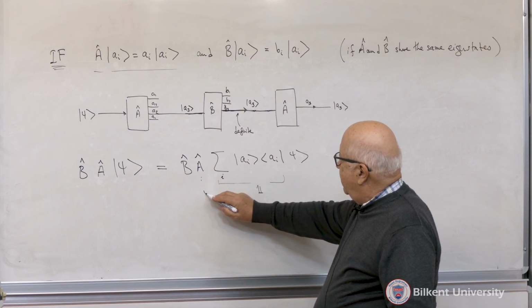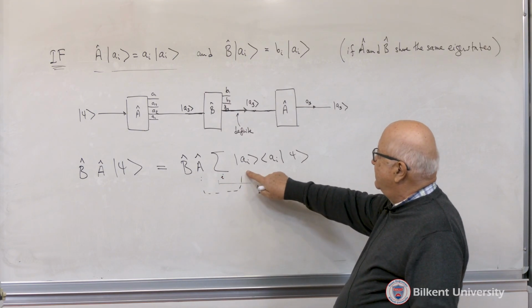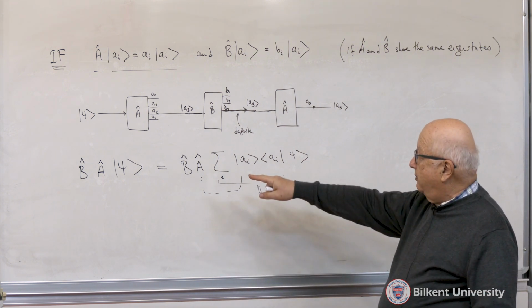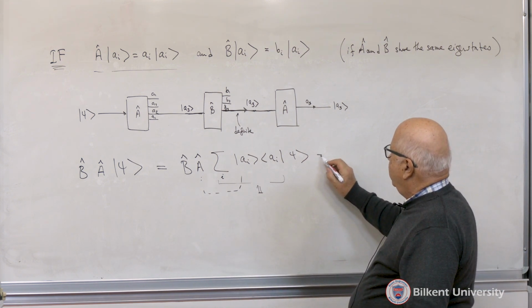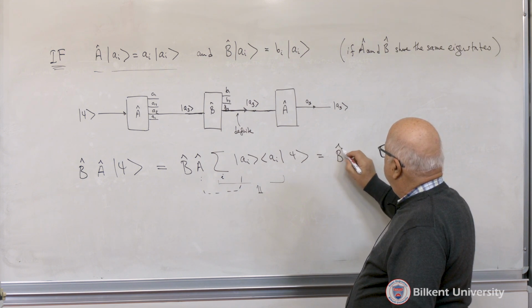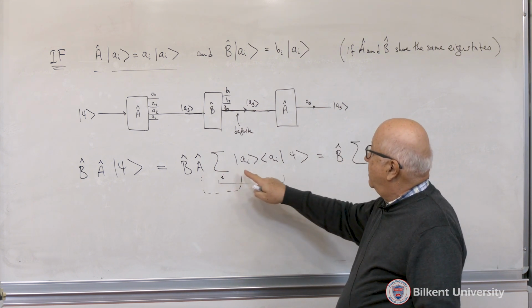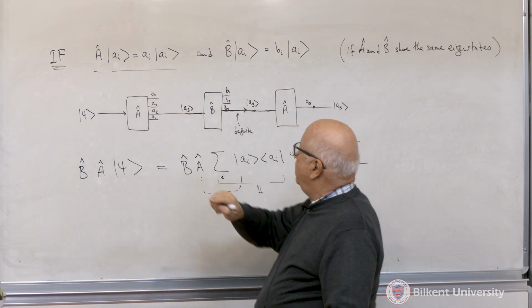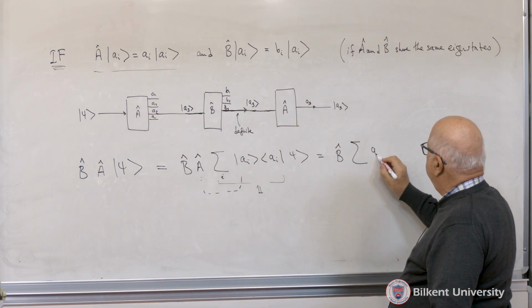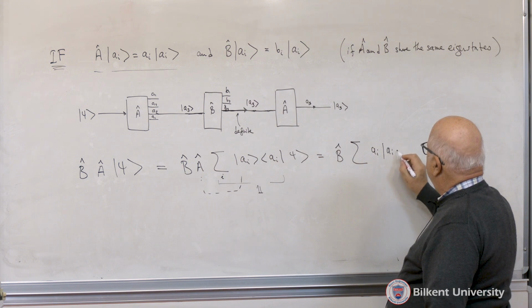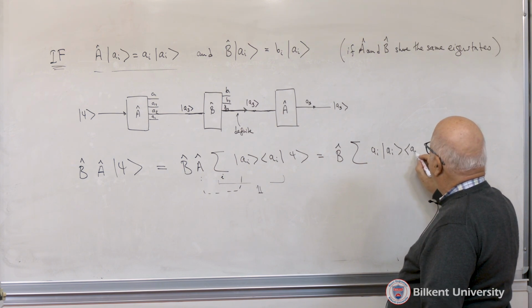Now, this a_i is an eigenstate of operator A. So I'm going to get B, summation, A times a_i, its eigenvalue a_i times a_i. So it's going to be a_i, a_i psi.